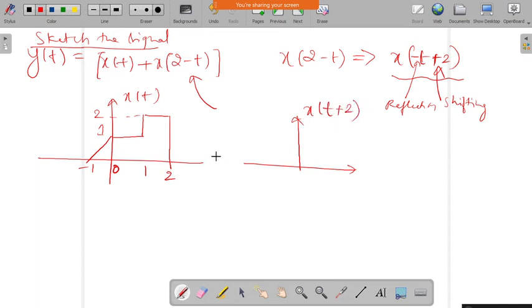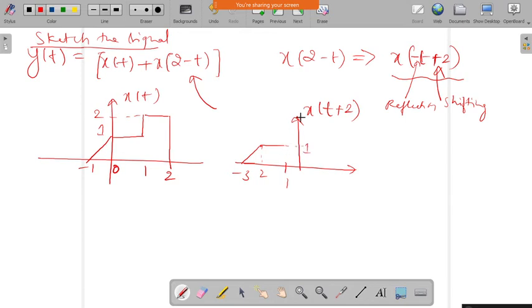So t plus 2 means we need to move in the negative side by the amount 2. If I move by 2 in the negative side, it will go to minus 3. So the signal between minus 3 to minus 2 will be a ramp, and then minus 2 to 1 it will have the amplitude value 1.